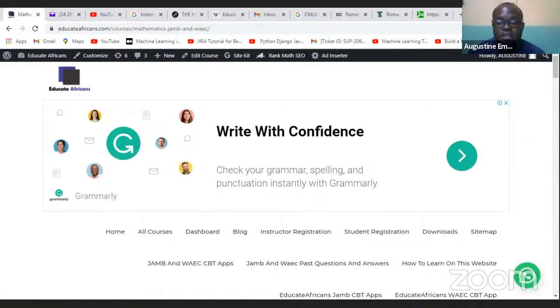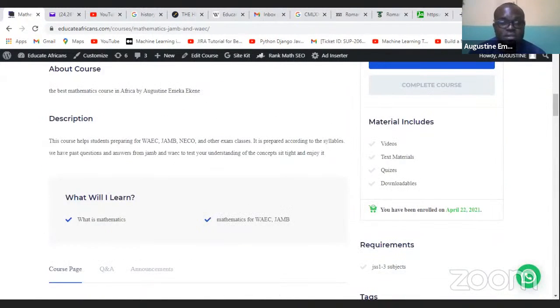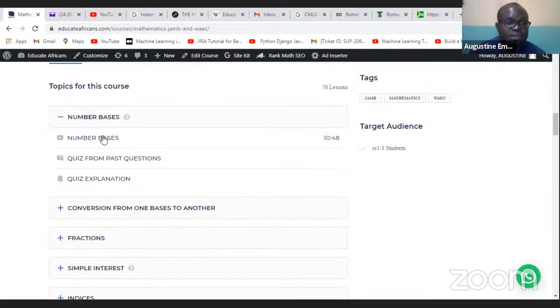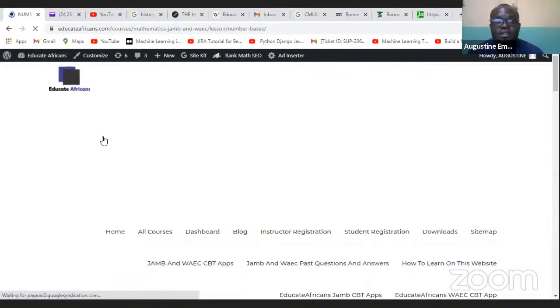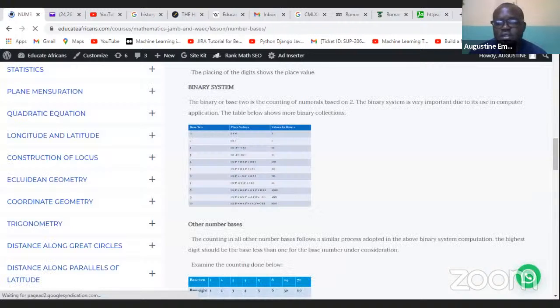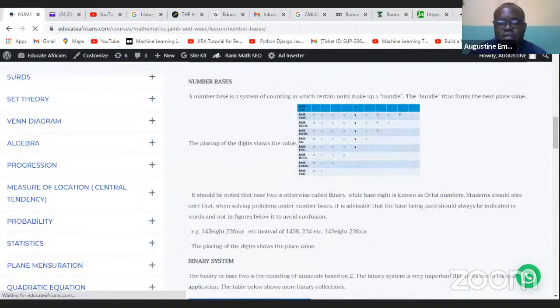We are not stopping yet. Let's look at number-based system. Base numbers. That's the first topic in mathematics. Let's look at it together.